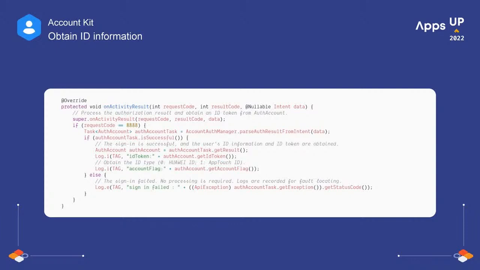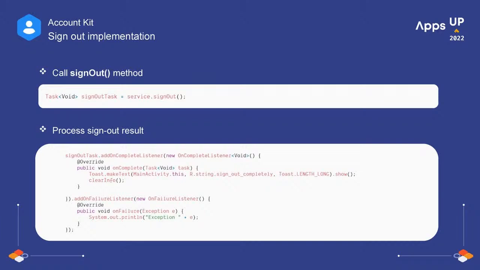So this is the full implementation, and this is what we're going to do in today's workshop. After you sign the user in, you will want to give them a way to sign out, and that's also provided by Account Kit. So you will simply call the method signOut of the class service.